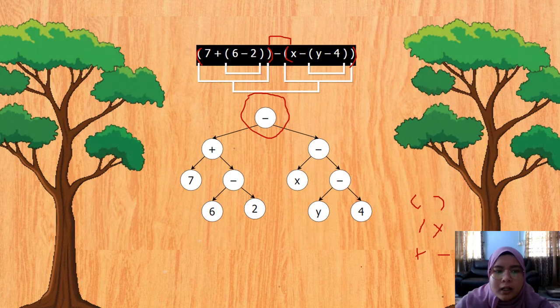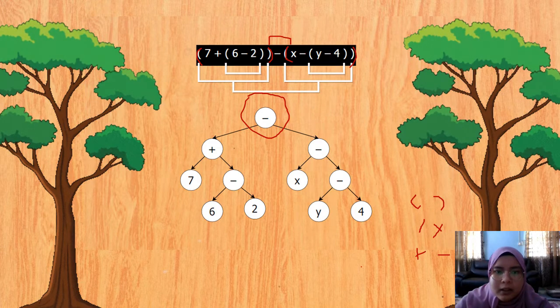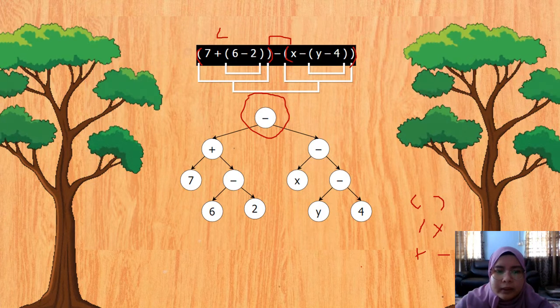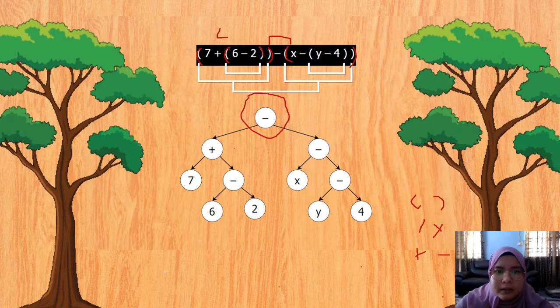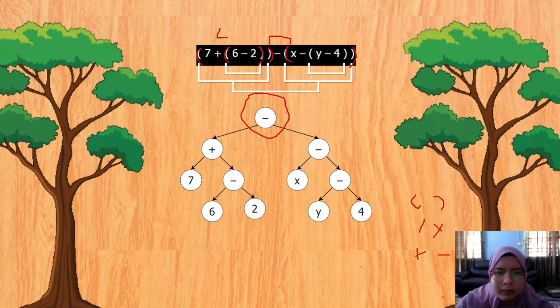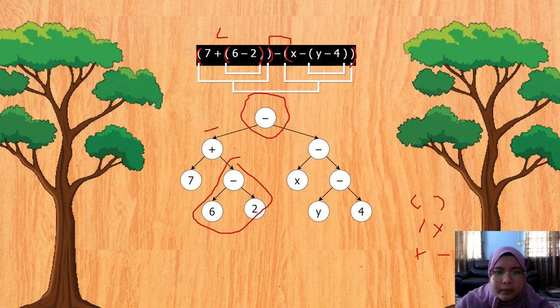Then we focus on the left side here, which is 7 plus 6 minus 2. We look at the bracket again, this 6 minus 2. Then we take the minus here, and it becomes 6 minus 2 here. After that, we put the 7 plus in here.